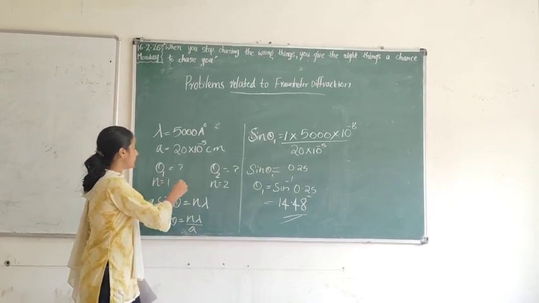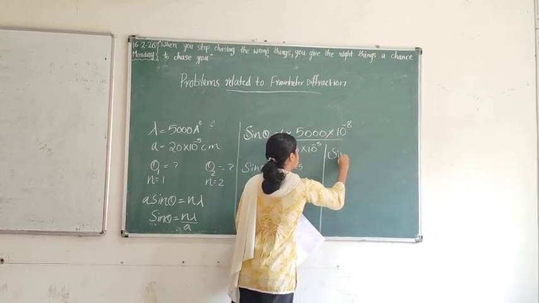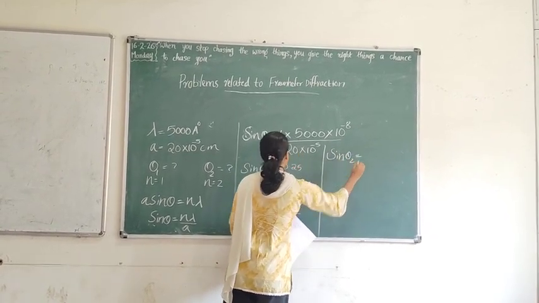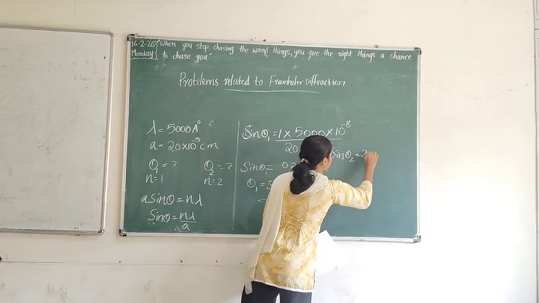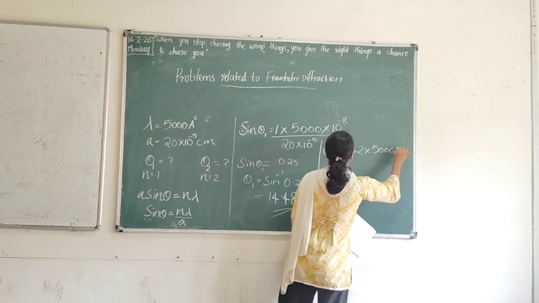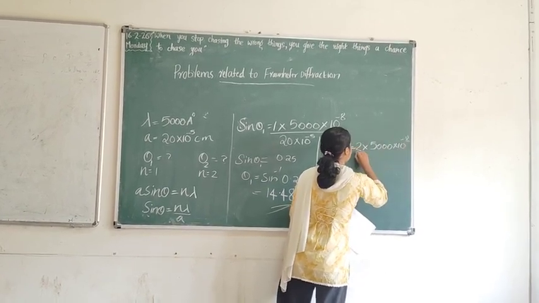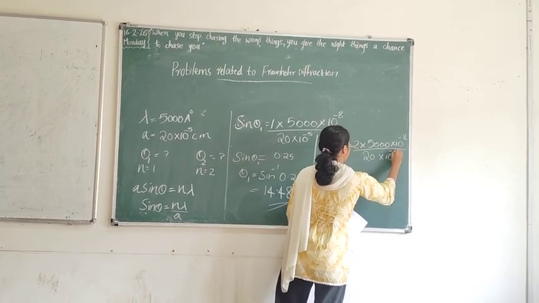Then we want to find theta 2. Sin theta 2 is equal to, n is 2, 2 into 5000 into 10 raised to minus 8 divided by 20 into 10 raised to minus 5.